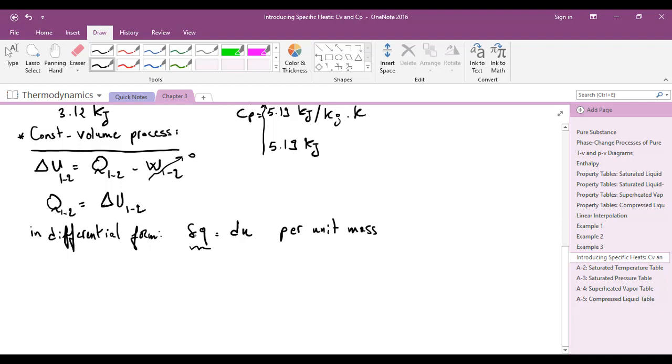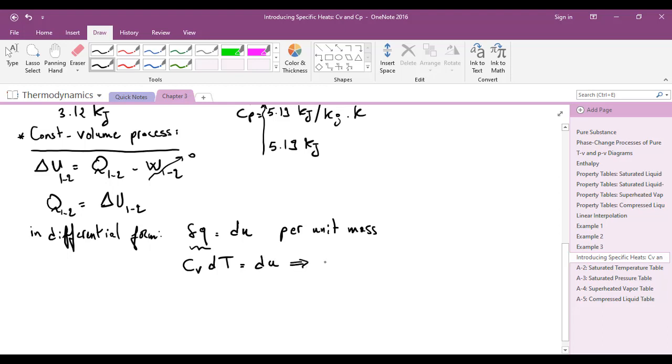So the total amount of energy per unit mass supplied should be equal, since this is a constant volume process, to Cv dT. So this is equal to du.